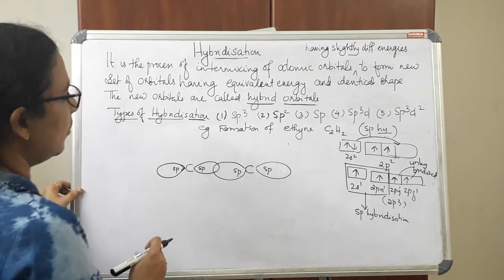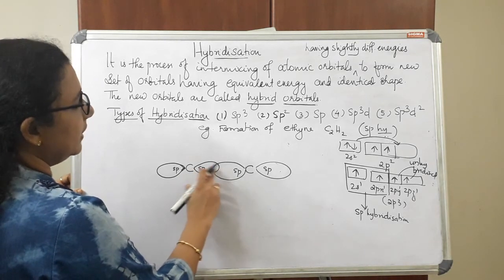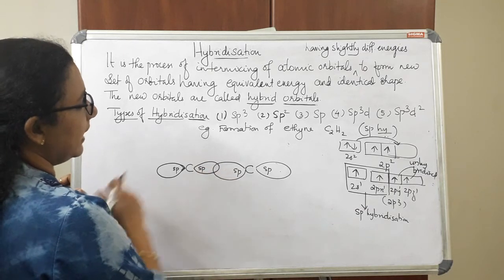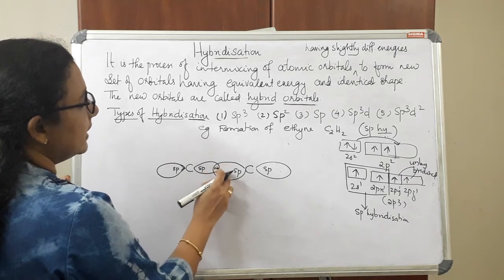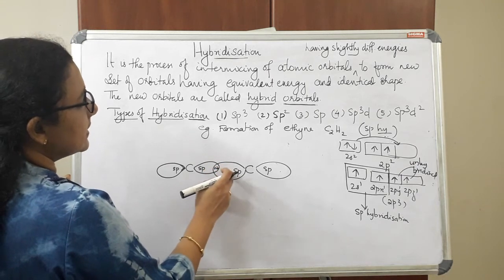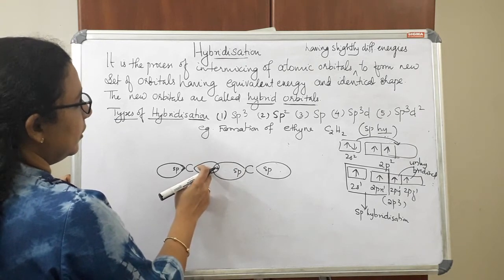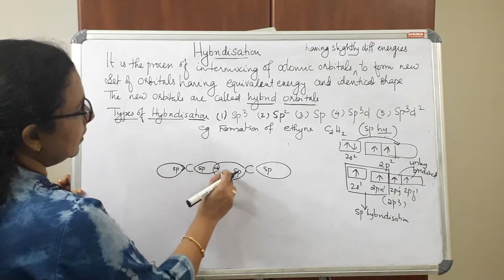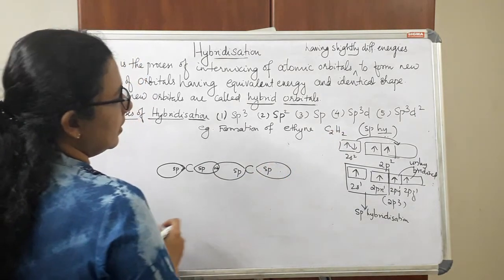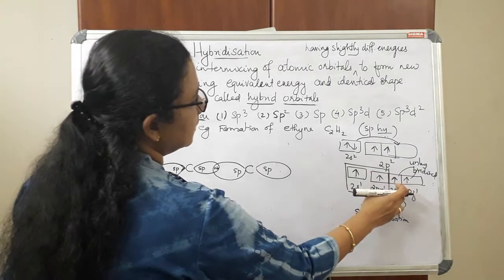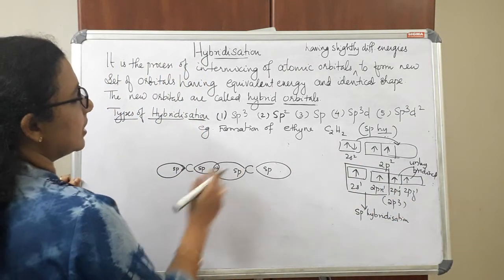So the first overlapping will be like this, that is the sp orbitals of each carbon atom overlap axially. Here two electrons will be there, one from the sp orbital of one carbon atom, the other from the sp orbital of the other carbon atom. Now we can draw the two hydrogen atoms. Before that, we can draw the two unhybridized p orbitals on each carbon atom.